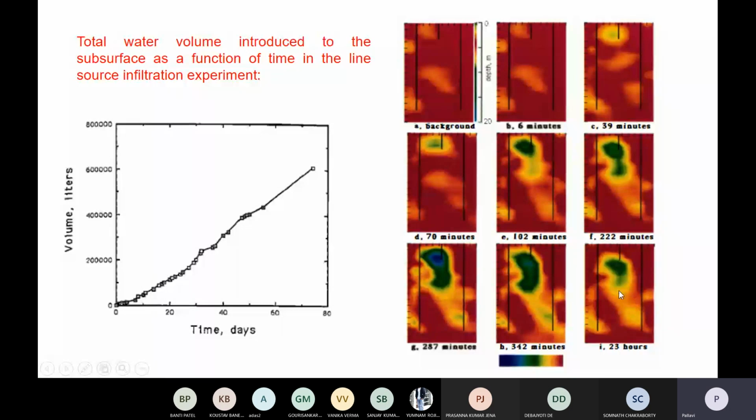The yellow color is showing wettability, not 100% saturation, so you should not consider it here. Just the blue color is more saturated, I mean 100% saturation you can consider in this case. But the wettability of the soil is spreading over time. This is for 1 to 3 boreholes, 3 different conditions.